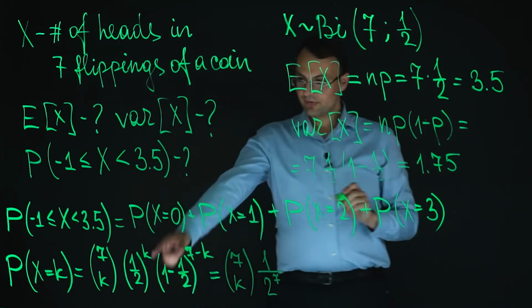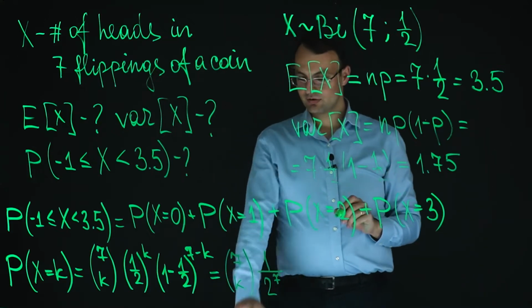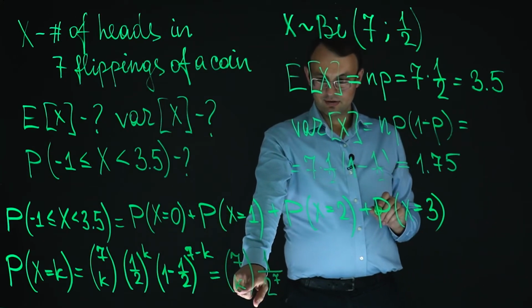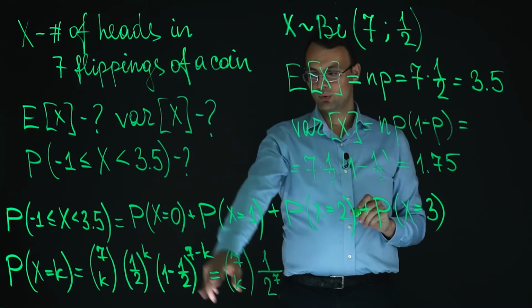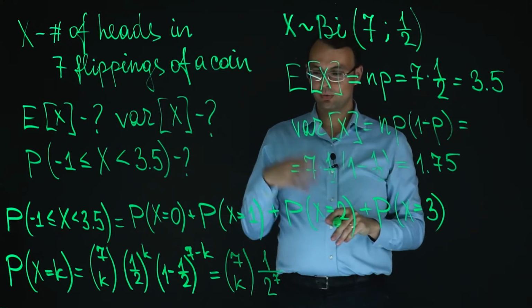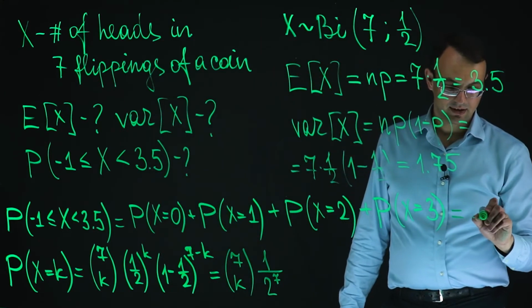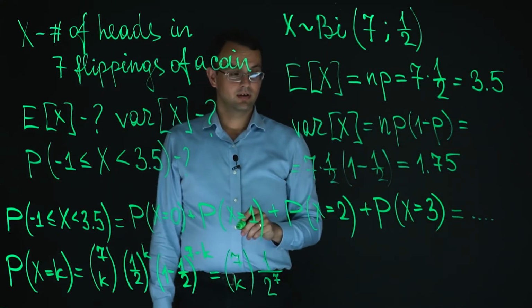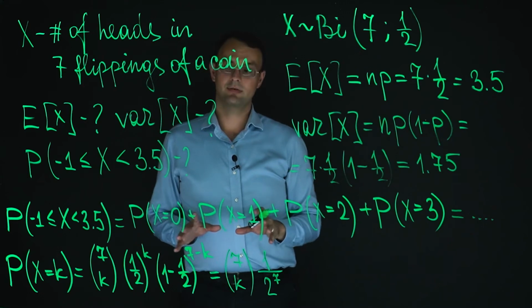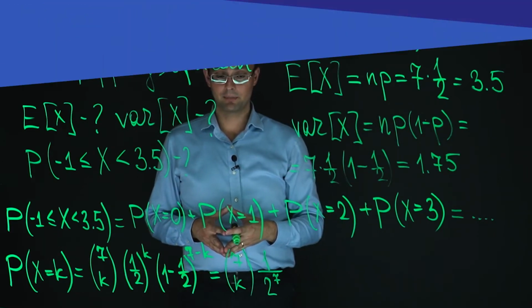And so to find these probabilities, you are to substitute 0, 1, 2, and 3 for k in this formula. And then you will find these 4 probabilities and you will add them and you will get the final answer. Let this be your task to find the final probability in this example.